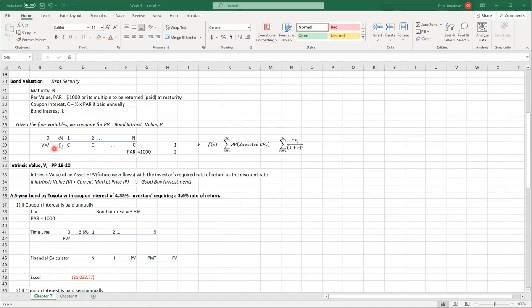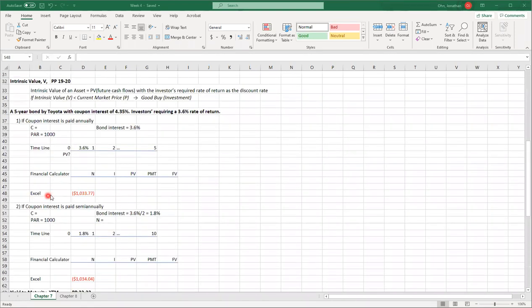If you do this manually, it will take forever, but we will do that using Excel. So intrinsic value of an asset, as I said, is the present value of future cash flows with the investors' required rate of return as the discount rate. We'll get there.